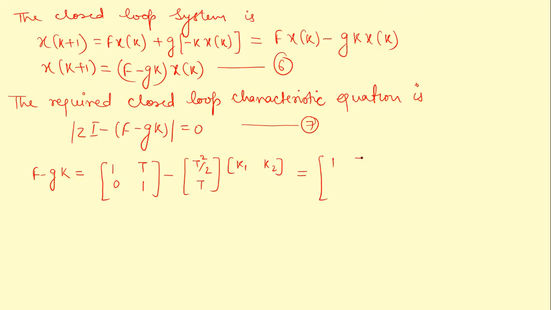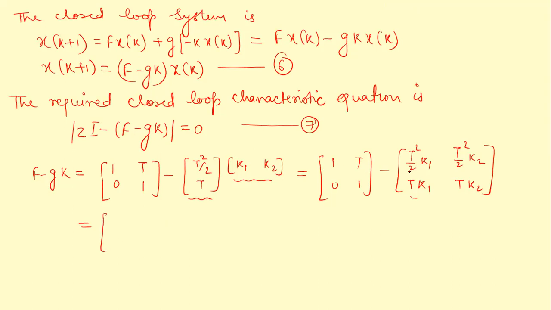We have [1 T; 0 1] minus [T squared by 2 K1, T squared by 2 K2; T K1, T K2]. So we have multiplied this matrix with this matrix element wise, and we have got this particular matrix. So we can simplify this further.